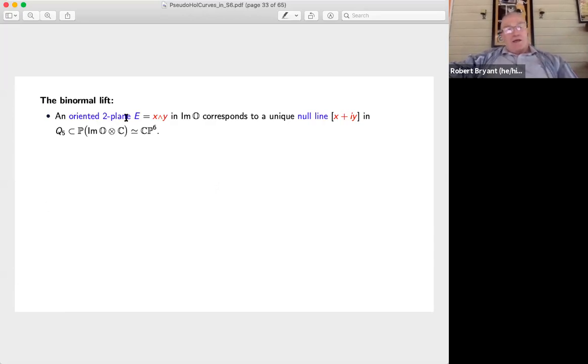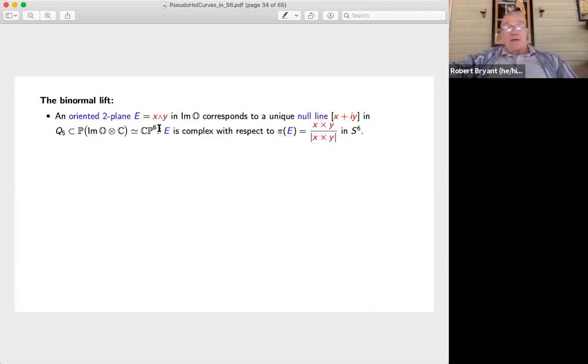Remember that an oriented 2-plane E in this R7, imaginary O, corresponds to a unique null line, x plus iy, if you write E as x wedge y, where x and y are an oriented orthonormal basis of E. This null line sits in the null quadric Q5, sitting in the projectivized complexified imaginary O, which is a CP6.